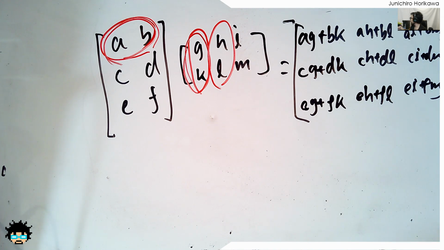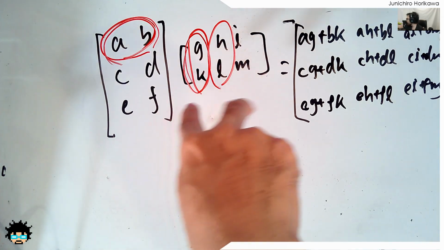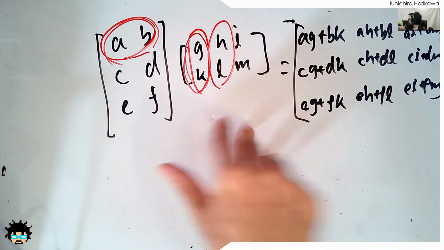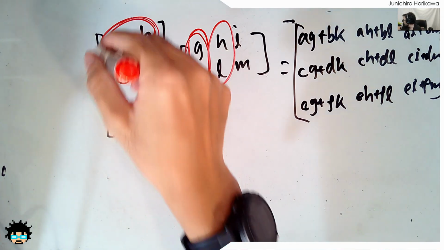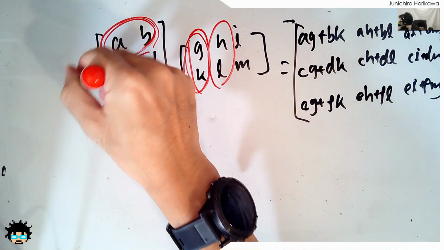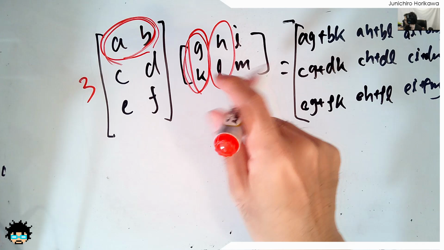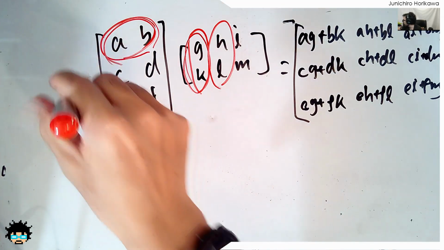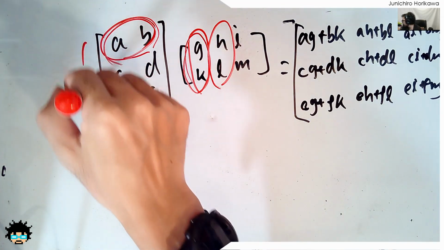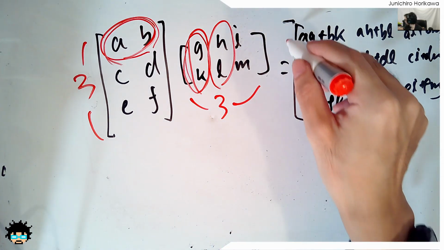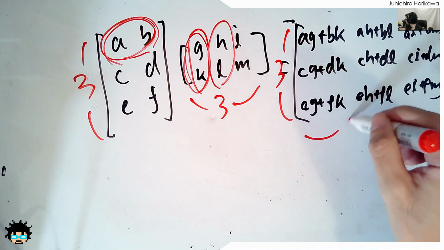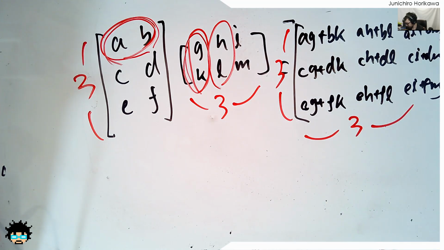So previously it was 2 by 3 times 3 by 2, and the result became a 3 by 3 matrix, meaning it is using the row number of the first matrix and the column number of the second matrix, and that is the result that we get, a 3 by 3 matrix.